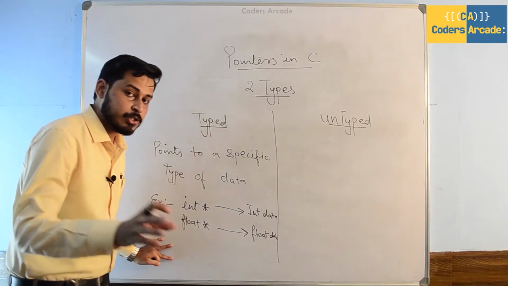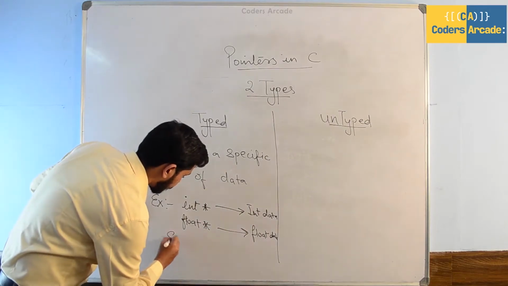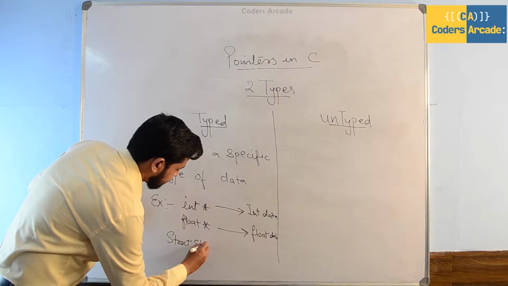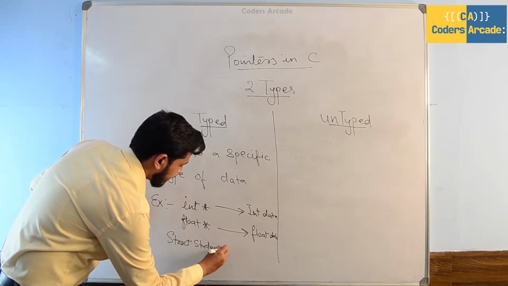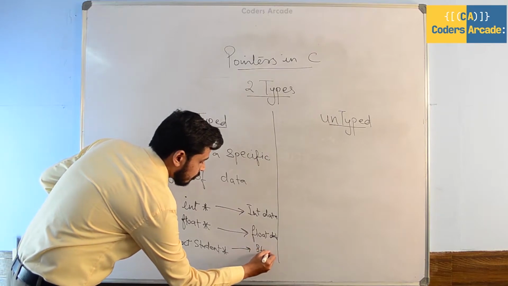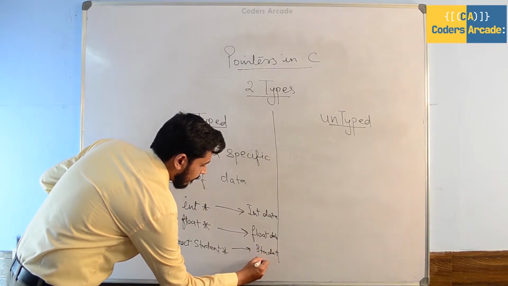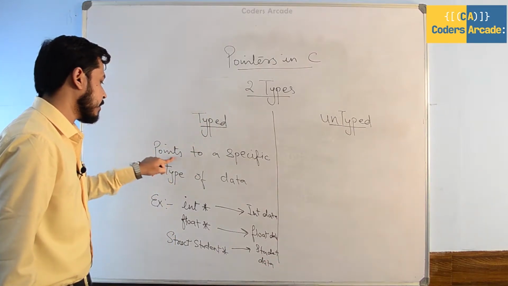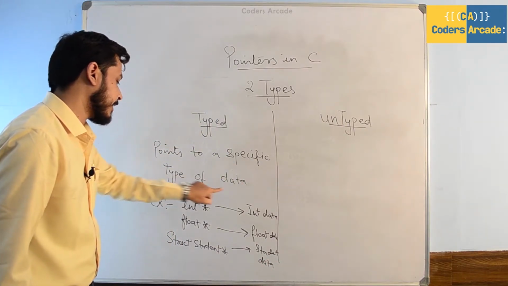Now there is structure data as well. Suppose it is a struct student pointer. Now this will only point to the student type of data. So here the typed pointer points to a specific type of data.